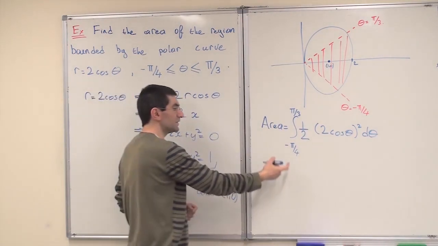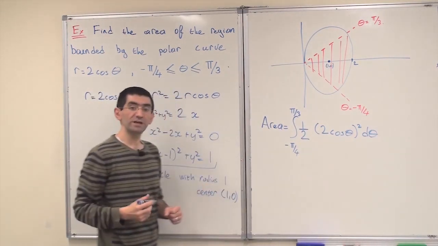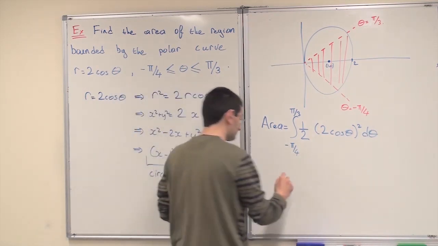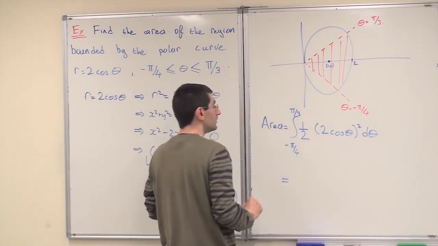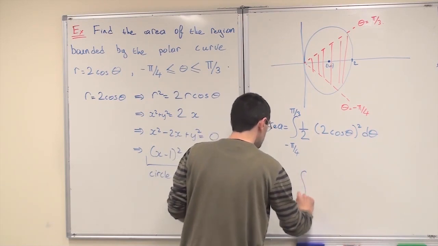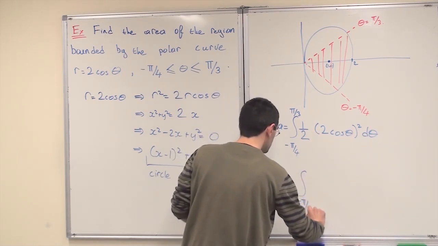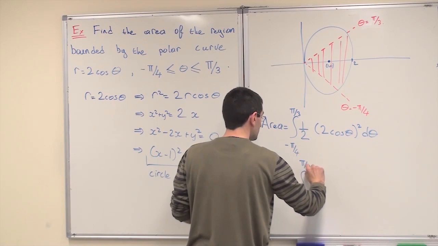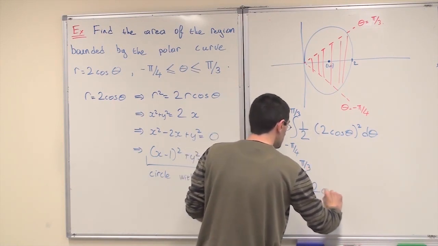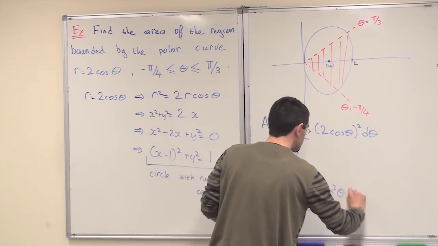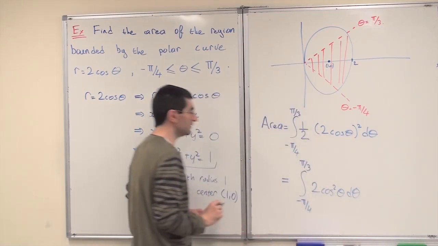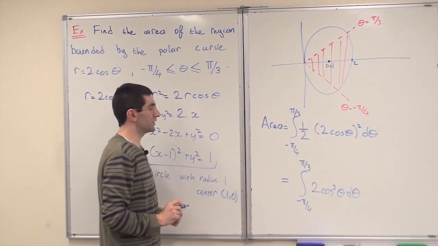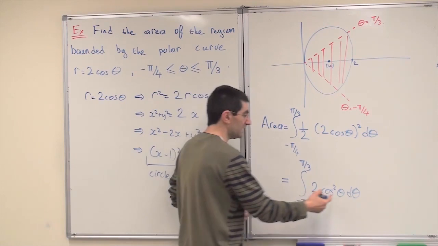Now, in the rest of the exercise, I'm going to evaluate this integral. First of all, we simplify the expression inside the integral. This is 2 cosine squared theta d theta.